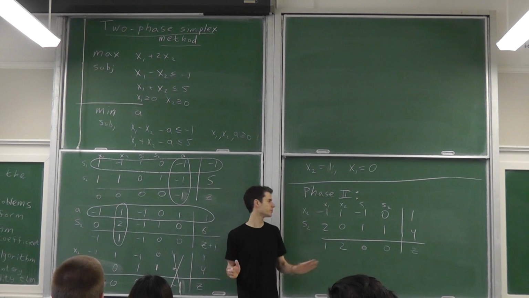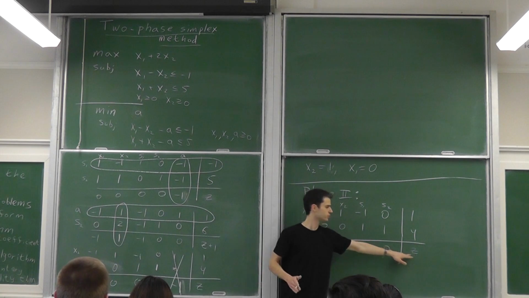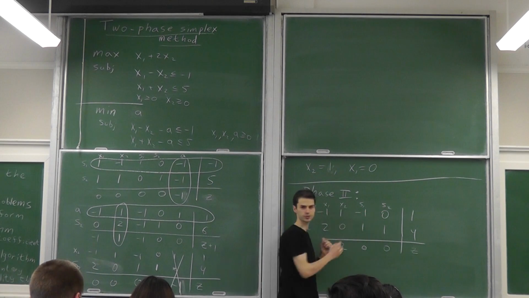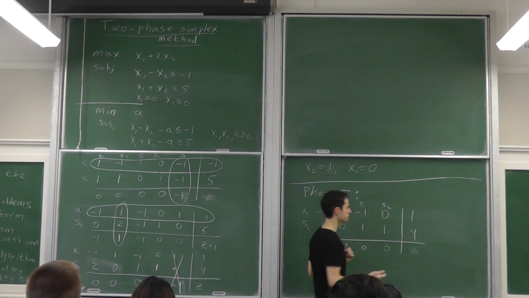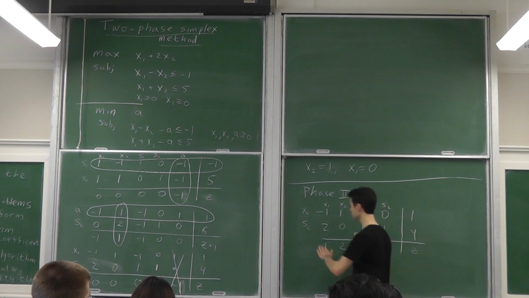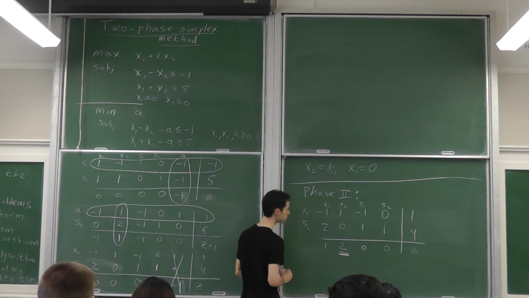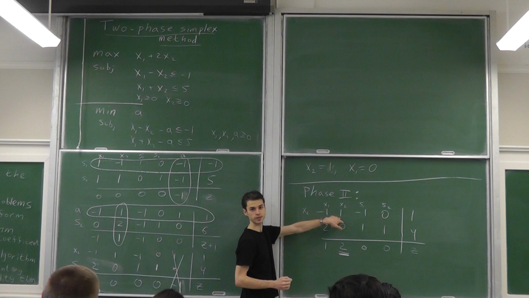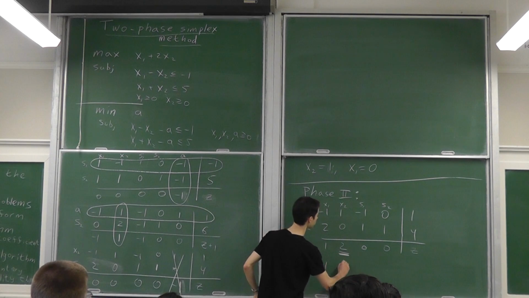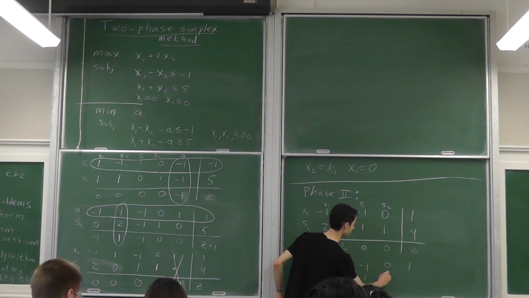So my first step will be to translate the expression for the objective function into an expression in terms of the non-basic variables. First let me do it here: make this number into 0 by subtracting 2 times the first row from the last row and doing nothing else.